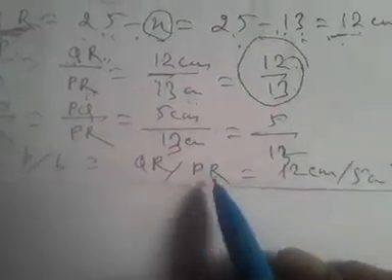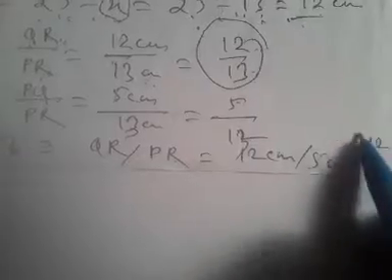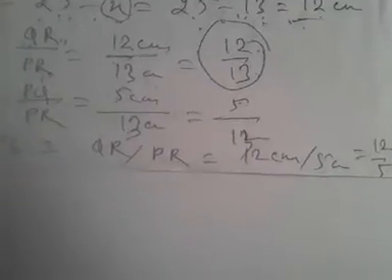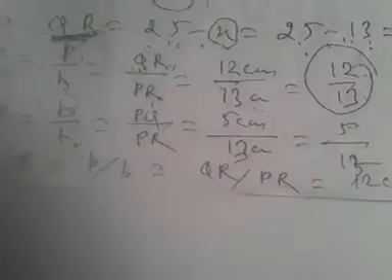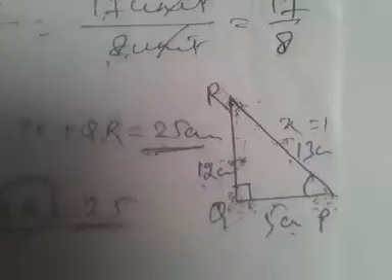The value of QR is 12 centimeter and value of PQ is 5 centimeter. Therefore, it is equal to 12 by 5. So, in this way, you can find out all the other ratios of this triangle when all the 3 sides are known to us.